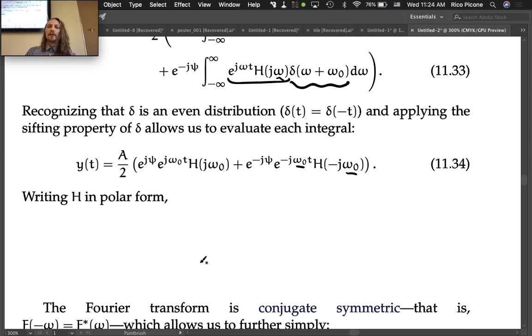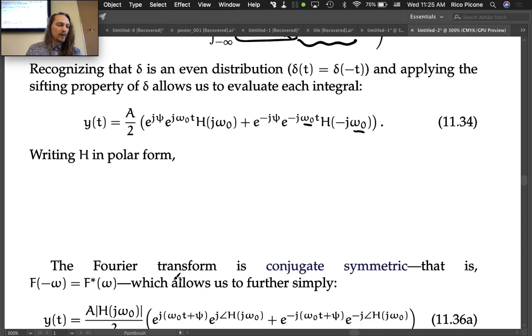Okay, so we're getting there, right? We're getting to our solution. We've pretty much got our solution, but we're going to write it in a new form, in polar form. With these exponentials, let's do that. So y of t equals a over 2, and there are two h's in here.